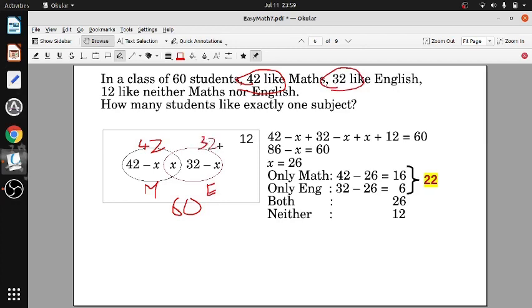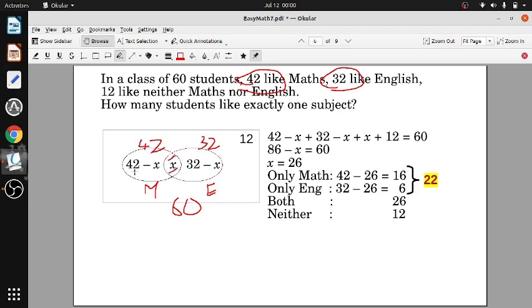Now, there is an intersection or common region. The two circles intersect. This common area denotes the students who like both, liking mathematics and liking English. So that is the common region of those who like both.